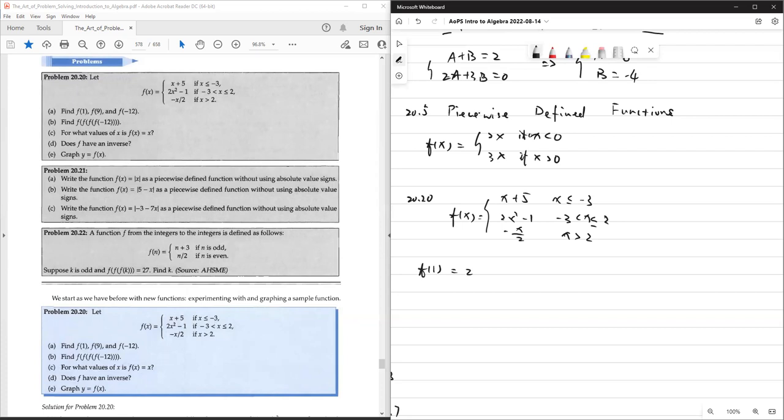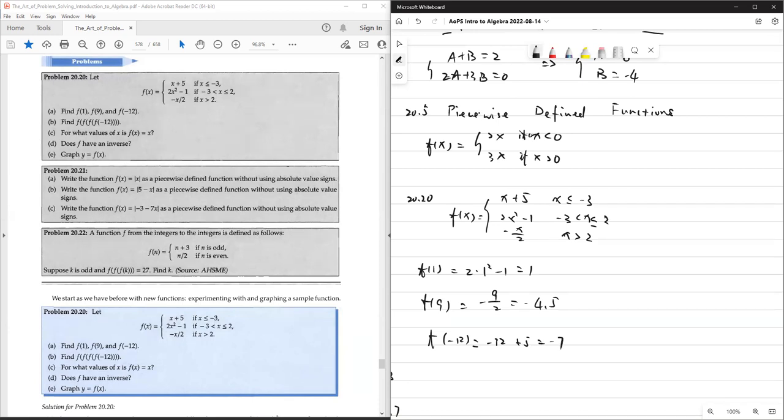Then it's 2 times 1 squared minus 1, so that's 1. f of 9, 9 is in the last one, so -9 over 2, so -4.5. I have f of -12. -12 is in the first one, so negative 12 plus 5 equals negative 7.